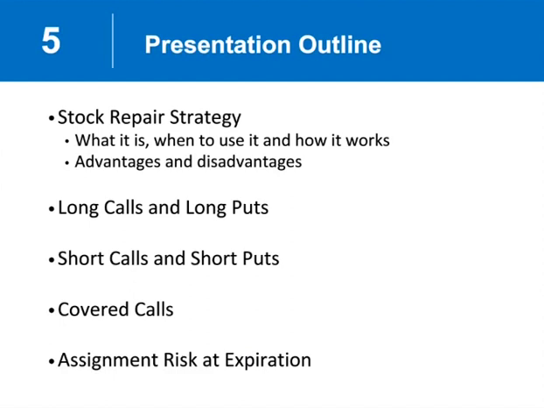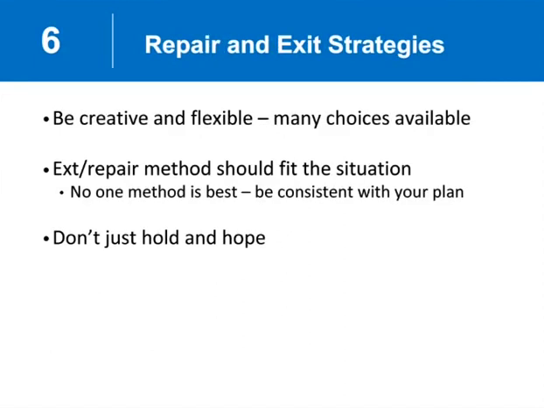We'll look at the covered call position and the risks associated there, and a little bit off that line, but when it comes to risk management, and after all, that's really what we're talking about here, managing risk, maybe specifically in areas where a position has gone wrong, we're going to talk about assignment risk at expiration. So I mentioned the repair strategy, repair and exit strategies.